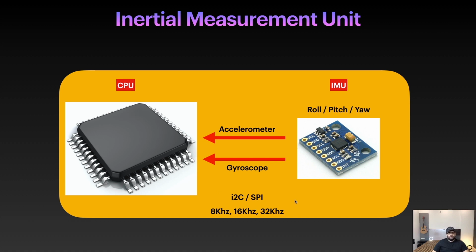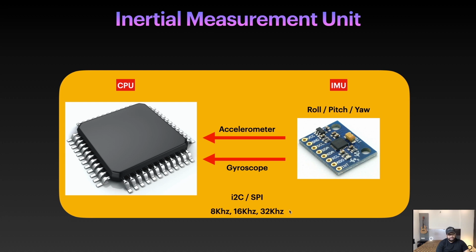So if you want to go for a flight controller which has an IMU capable of sending 32 kilohertz data, then you will need an IMU which supports SPI. MPU 6050, which is a very common IMU, doesn't support SPI, it works on I2C. So you are restricted to an 8 kilohertz data rate. But if you want 32 kilohertz, you will need to go for an IMU like MPU 6000, I guess, which can do 32 kilohertz.